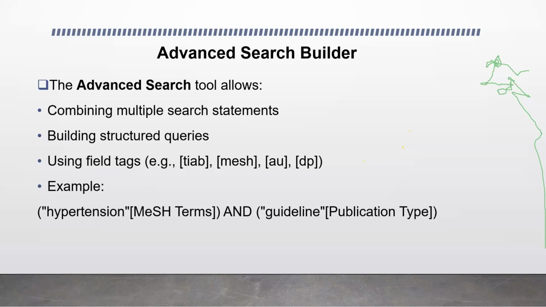It's very useful to combine multiple search terms, and for systematic reviews, scholars or researchers are required to build their complex or structured search queries. You cannot do that with the basic search.